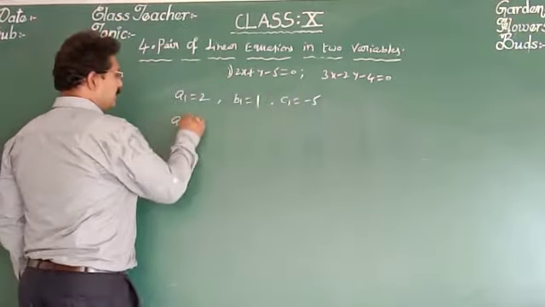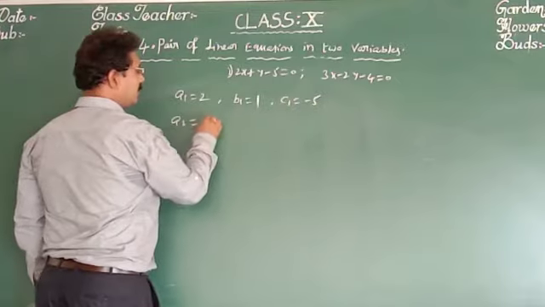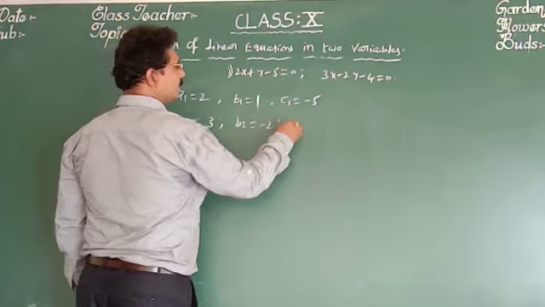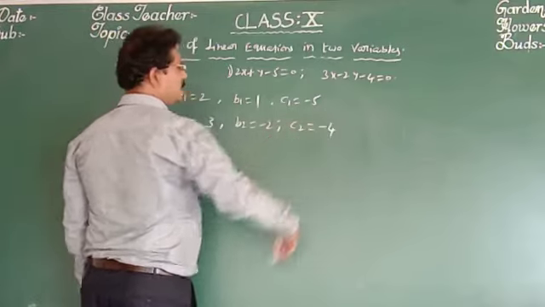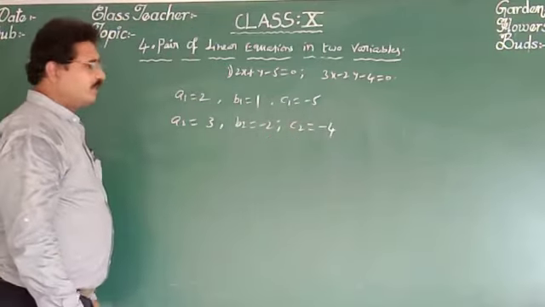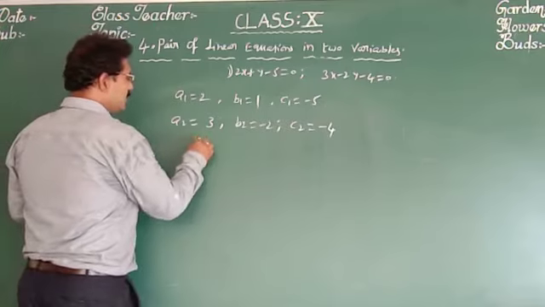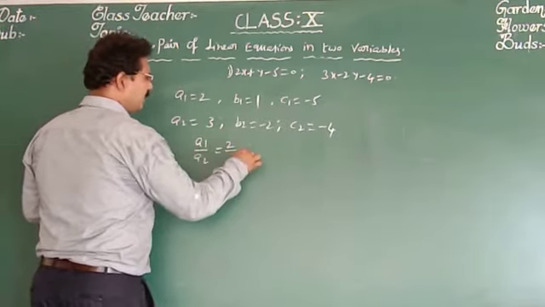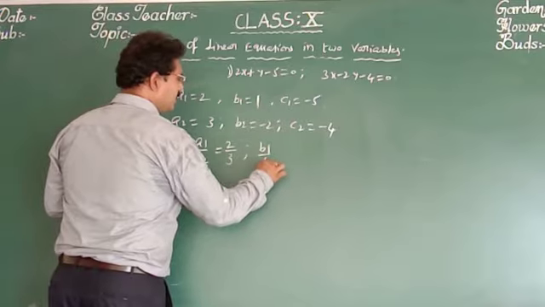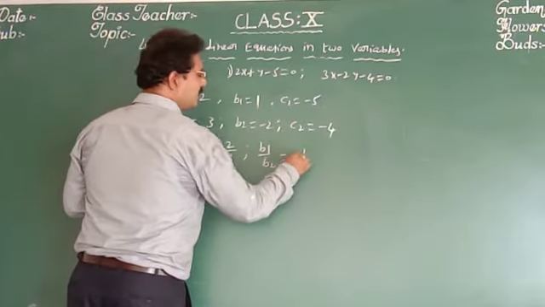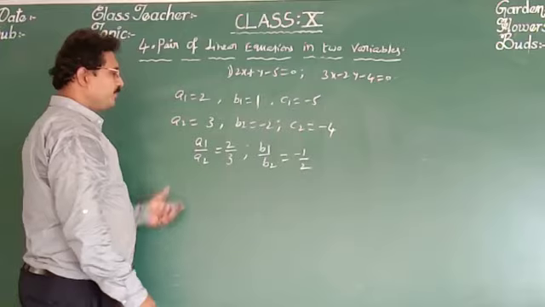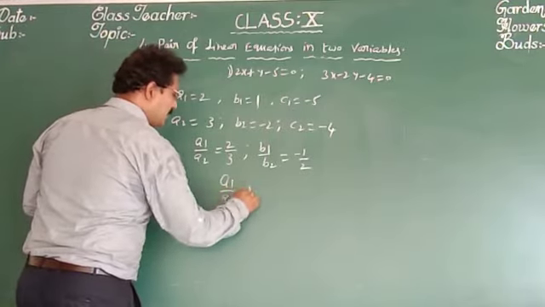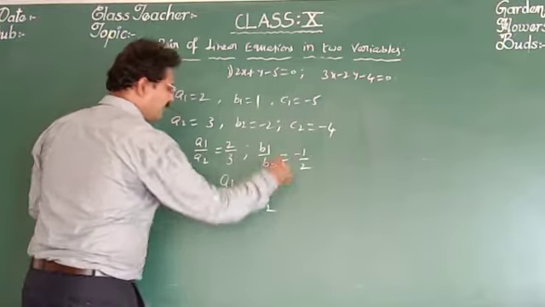Next, a2 is equal to 3, b2 is equal to minus 2, c2 is equal to minus 4. Now let us test: A1/A2 is equal to 2/3. B1/B2 is equal to 1/(-2), that is -1/2. So no doubt A1/A2 is not equal to B1/B2.